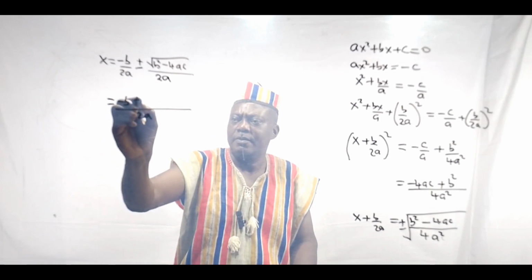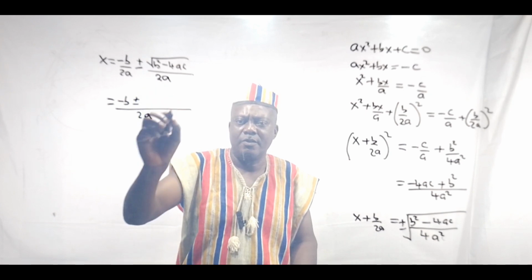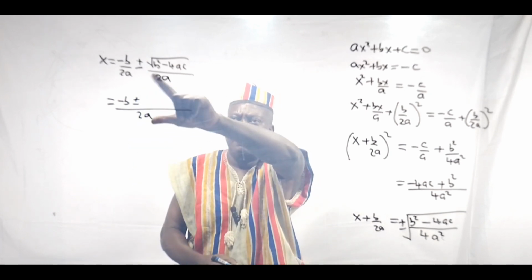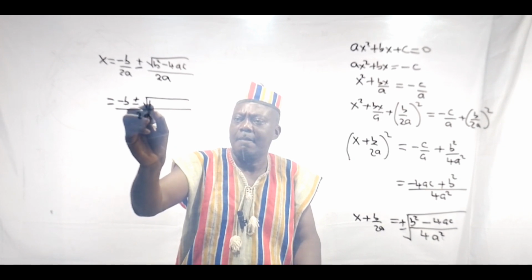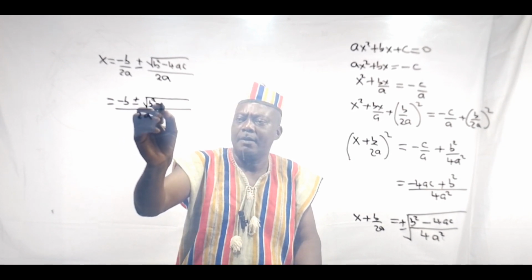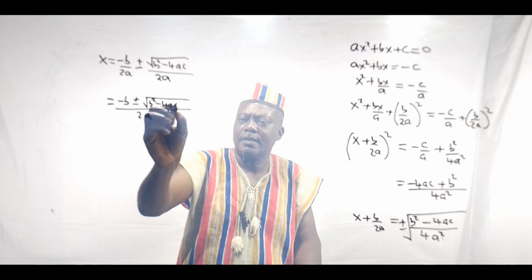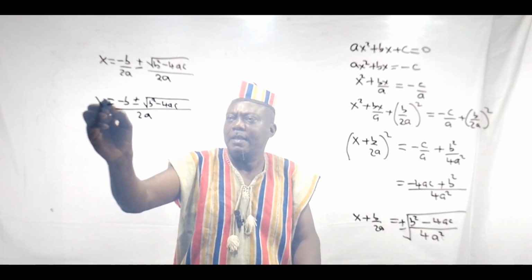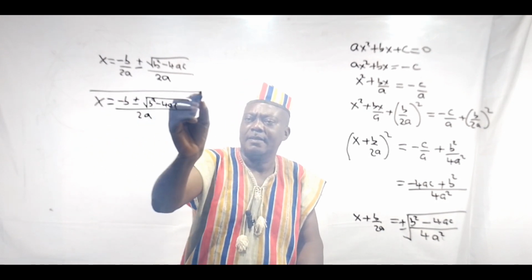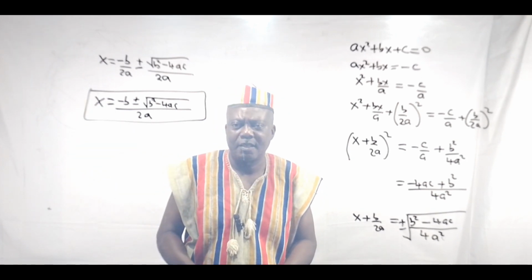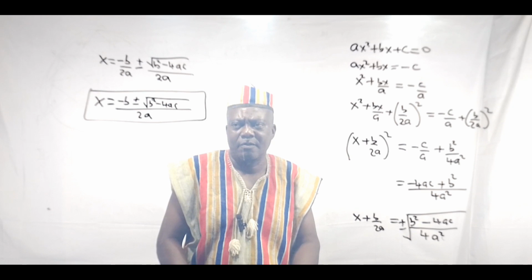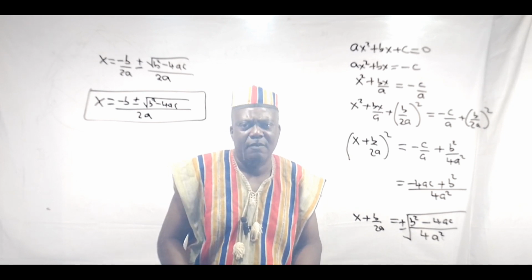This one plus or minus, 2a into 2a is 1, 1 times whatever is here becomes b squared minus 4ac. That is x. See, x equals minus b plus or minus root of b squared minus 4ac over 2a.